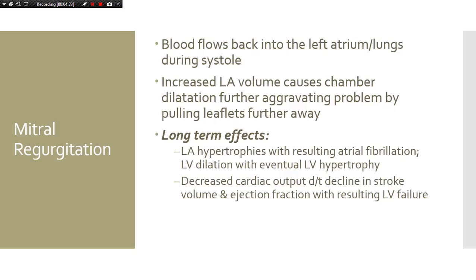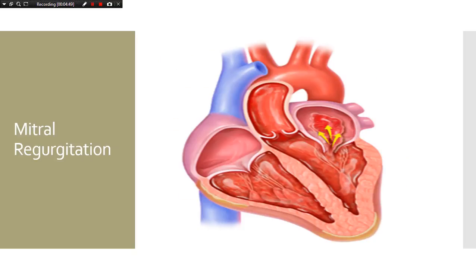MR allows blood to flow backward from the left ventricle to the left atrium due to incomplete valve closure during systole. Both the left ventricle and left atrium must work harder to preserve an adequate cardiac output. In acute MR, the sudden increase in pressure and volume transmits to the pulmonary bed.